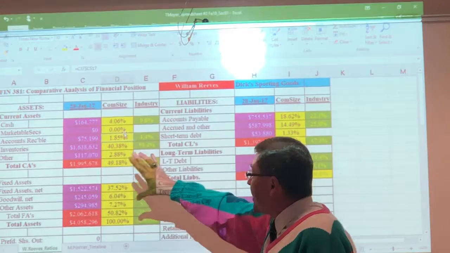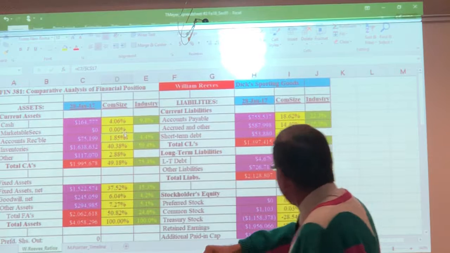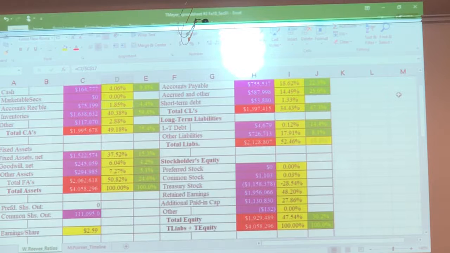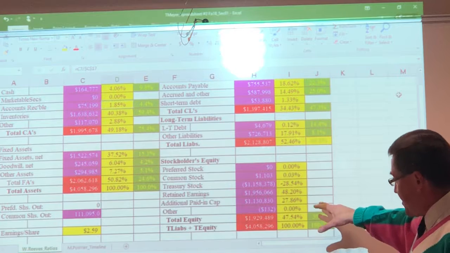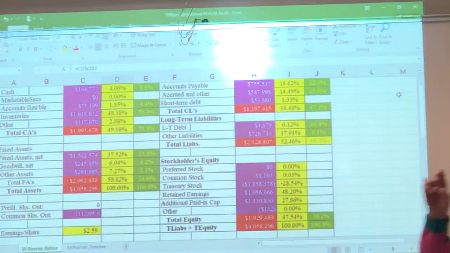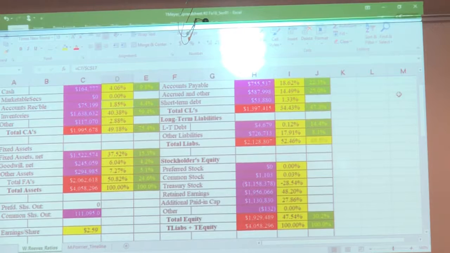The industry numbers are going to come from your company's RMA report, and you're going to have to enter those numbers. Now, there are a couple of the industry numbers that appear in a couple of different places, or they need to be calculated. So I want to point these out to you. In the comparison of Dick's to its industry, what I told you was that the debt ratio for the industry is not directly available.